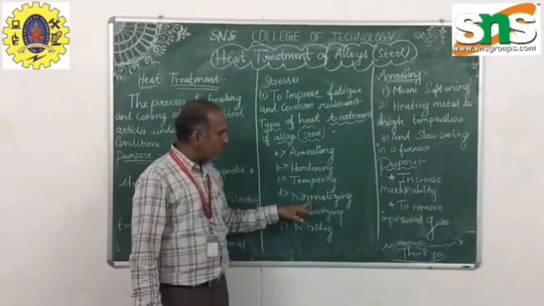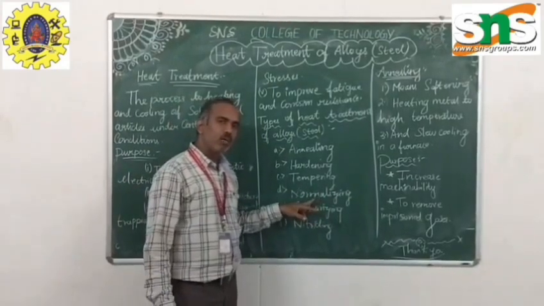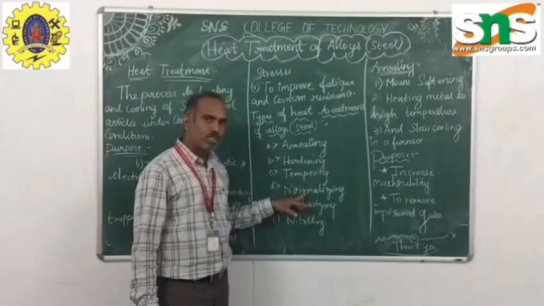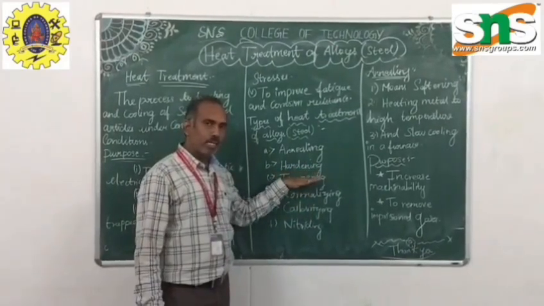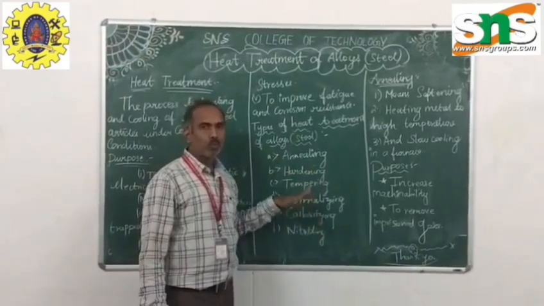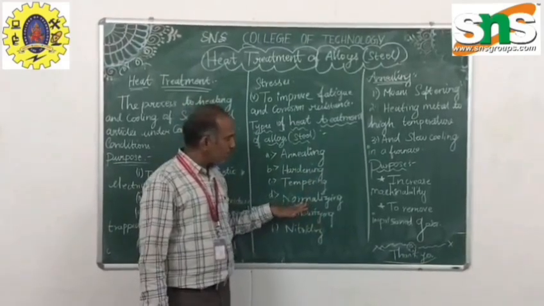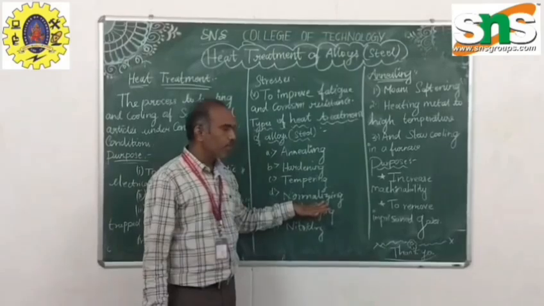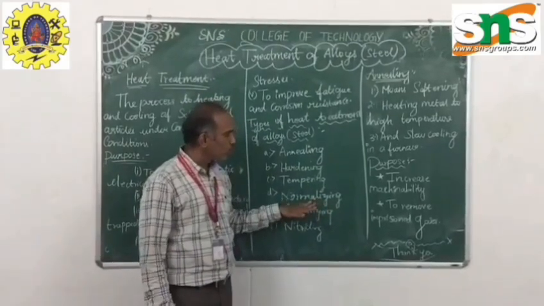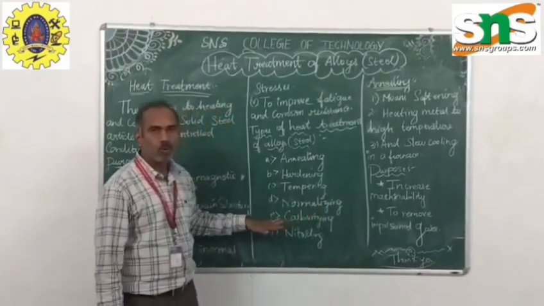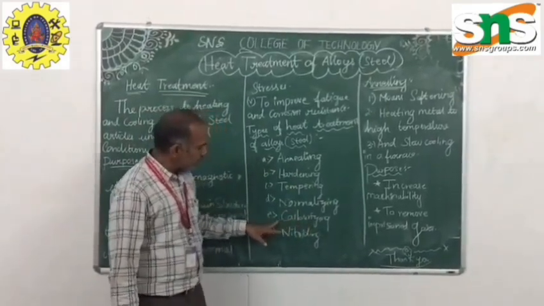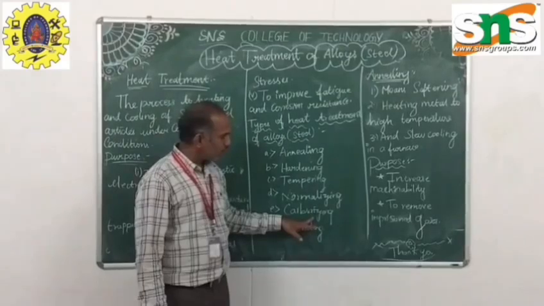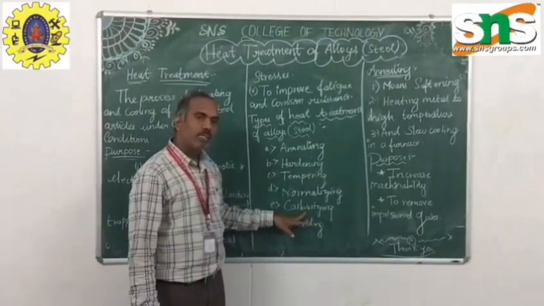And normalizing. Normalizing is one of the inexpensive processes. We just heat our steel and let it come to room temperature. This normalizing is a very simple and inexpensive method, and we can get somewhat better quality steel. And carburizing is one of the important and recent technologies.